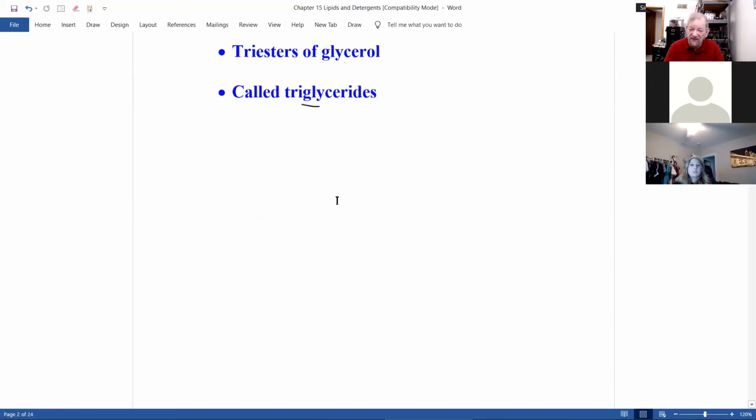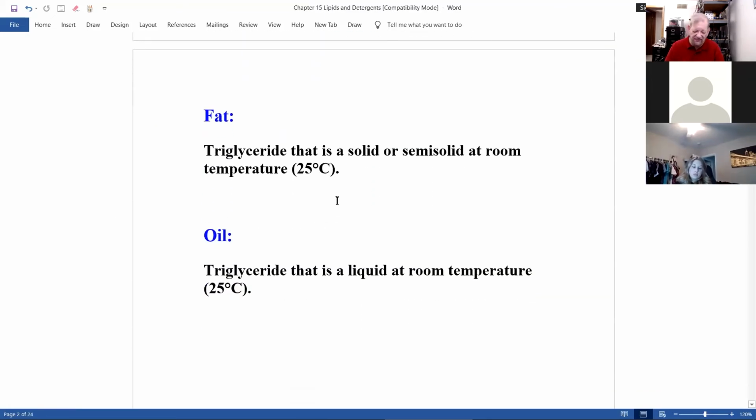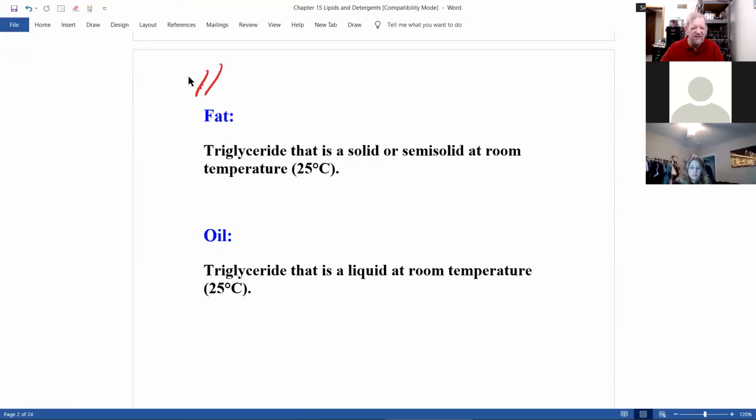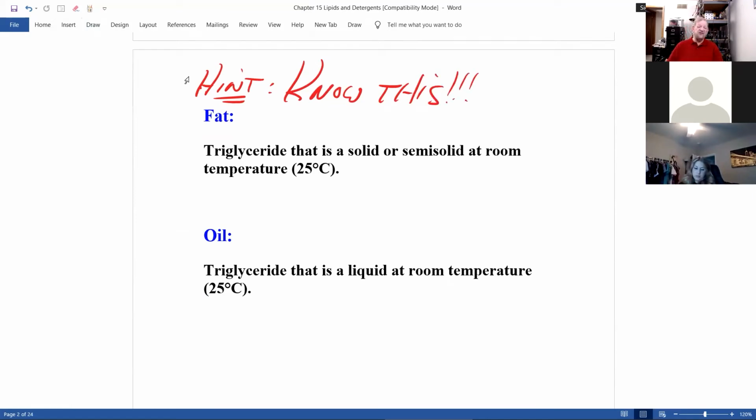Now, what's the difference between a fat and an oil? Hold on, I forgot something from this slide. A fat is a triglyceride that's a solid or semi-solid at room temperature.